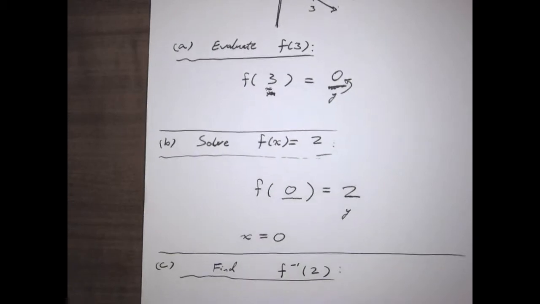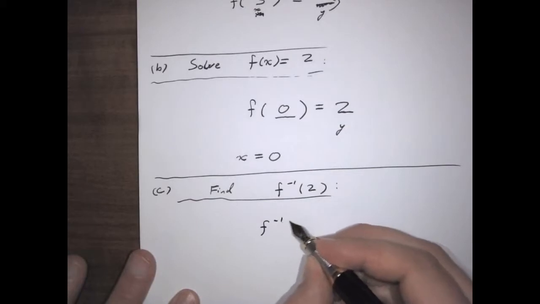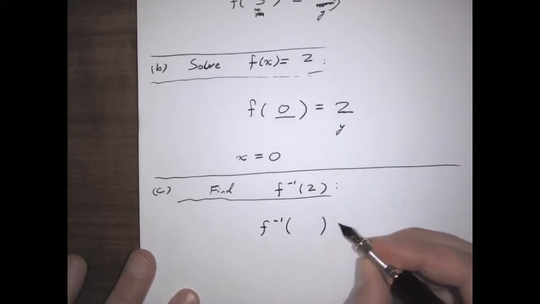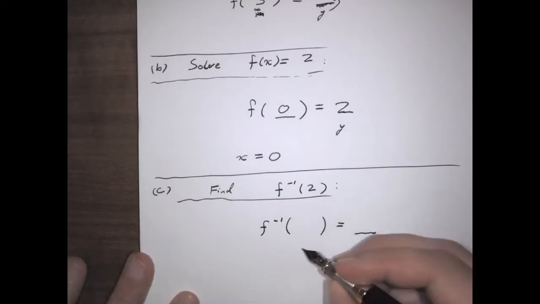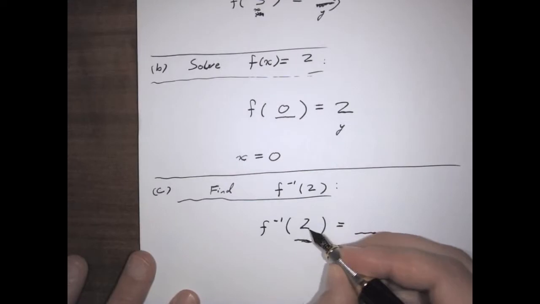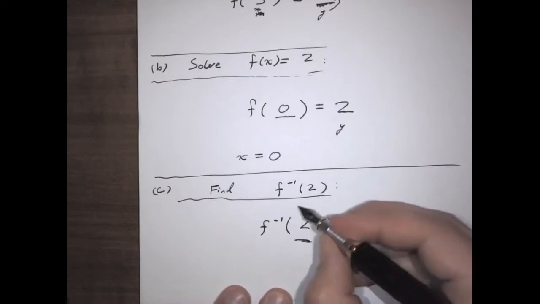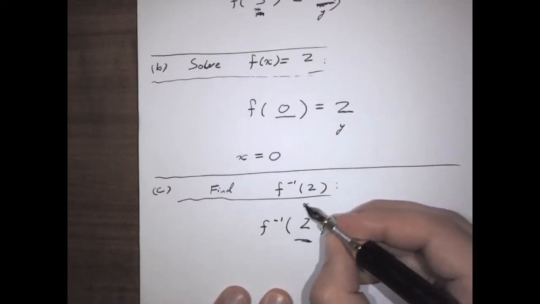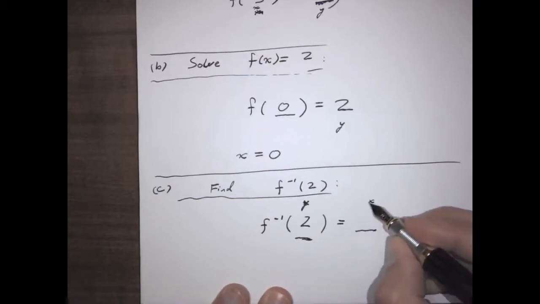Now here, let's think about what it is we are being given, what it is we are being asked for. Ordinarily, what's inside the parentheses of a function is the x, which is the input. But in inverse land, input becomes output, output becomes input. So this is actually not the x anymore, but it's now the y, and it wants from us the x.